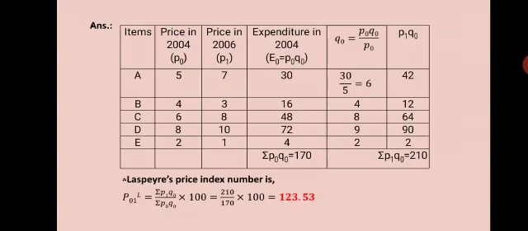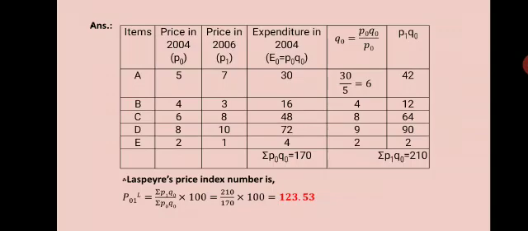We need to find the total of P1 into Q0, that is summation P1 Q0. If you add P1 Q0 values, that is 42 plus 12 plus 64 plus 90 plus 2, we will get 210. Also we need to add the P0 Q0 values, that is 30 plus 16 plus 48 plus 72 plus 4, then we will get summation P0 Q0 as 170.